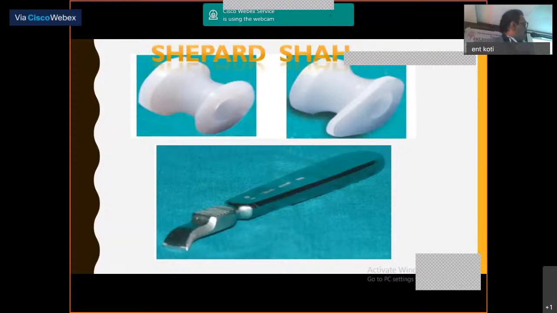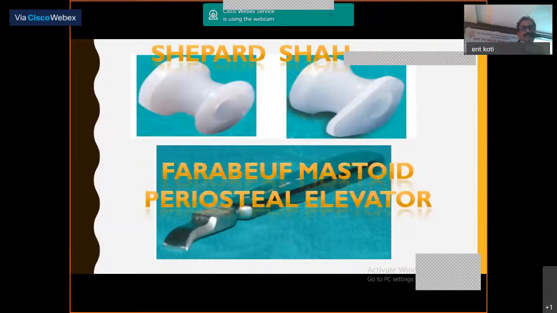Shah's has a long one flange; it's a longer stem tube. And this is Farabeuf's mastoid periosteal elevator. You can tell the complete name. It has a thumb rest; you rest the thumb over here to elevate the periosteum.